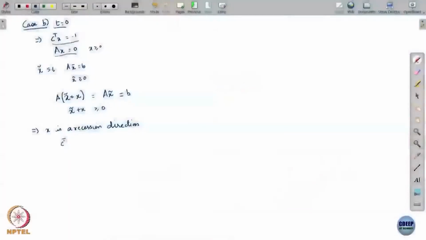But then every time I travel 1 unit of distance along x, look at what is happening to my objective. C transpose x goes down by 1. So, if I take this point x tilde and add an x to it, x tilde plus x is still in the set, but C transpose times x tilde plus x is now C transpose x tilde minus 1.